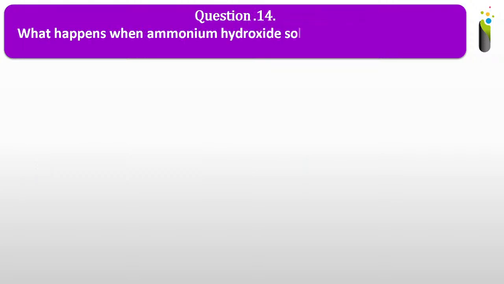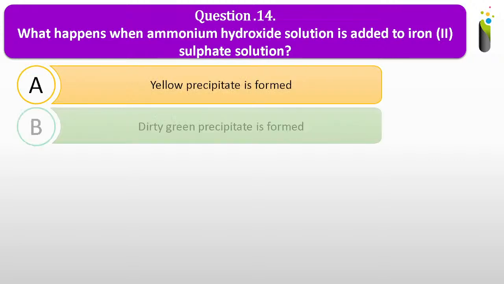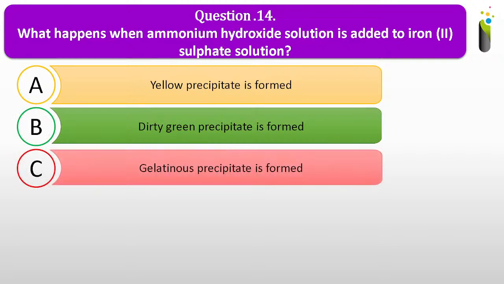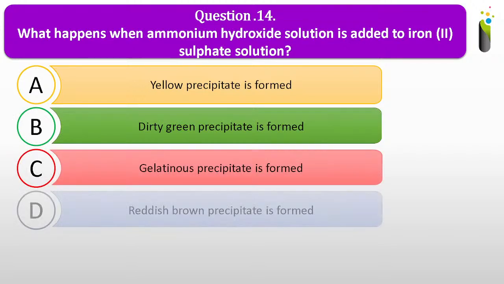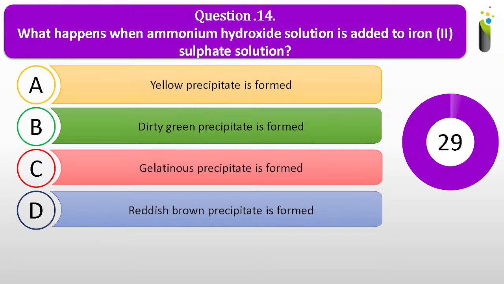What happens when ammonium hydroxide solution is added to iron 2 sulfate solution? A. Is it yellow precipitate being formed? B. Dirty green precipitate is formed. C. Gelatinous precipitate is formed. D. Reddish brown precipitate is formed.